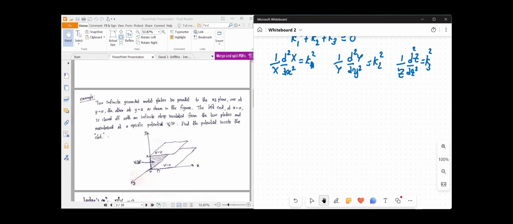So mainly we have two variables that the potential depends on.